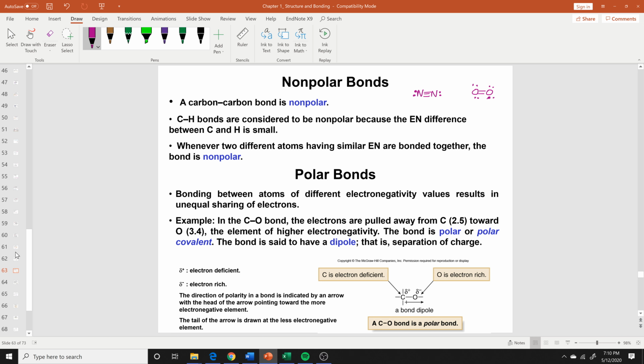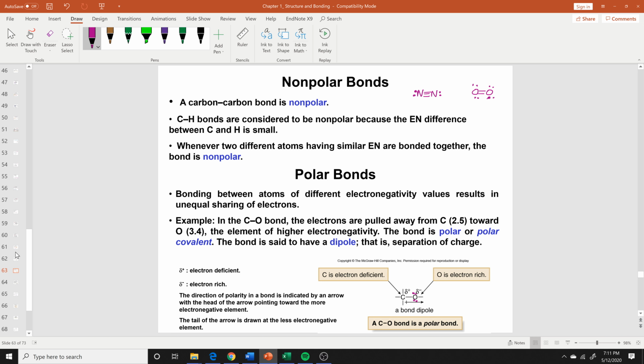Now, with respect to the polar bonds, you need to have a difference in electronegativity, as I mentioned before. Like the C-O, oxygen is more electronegative. So oxygen is going to pull electrons towards itself, stealing electrons from the carbon. To represent a carbon that lacks electrons, we do a partial positive charge.